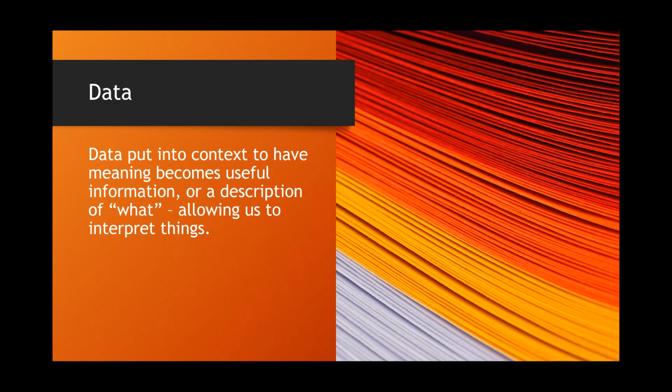So again, data put into context to have meaning becomes useful information or a description of what, allowing us to interpret things. So this is taking this raw data, filtering it some, which is why the pyramid shrinks on the side some, and we're organizing and making connections between stuff and putting it into a context.